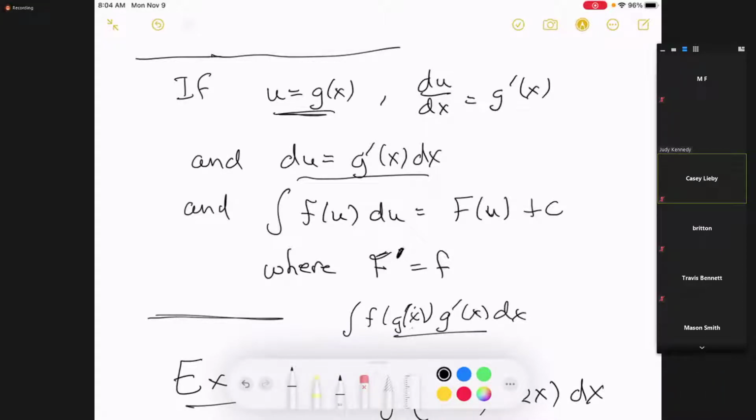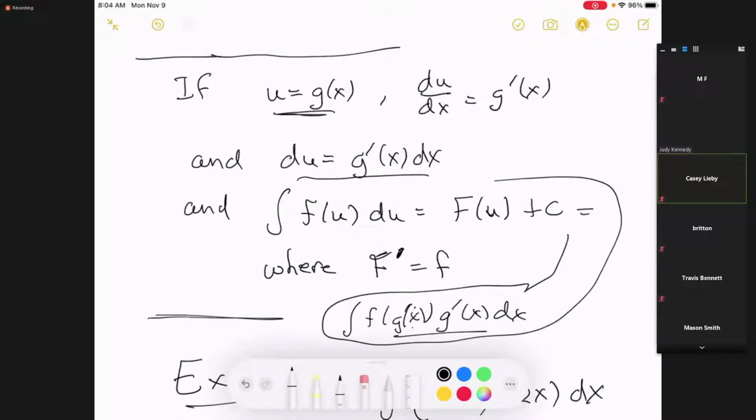Remember, g is u, and g prime of x dx is du. So these three things are the same. And capital F is just any antiderivative of little f.